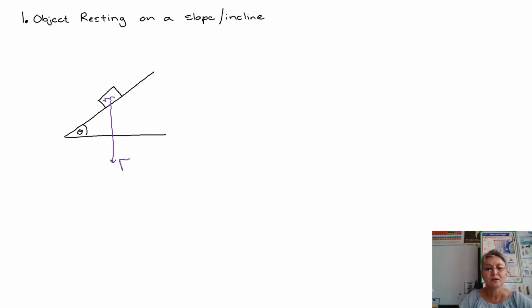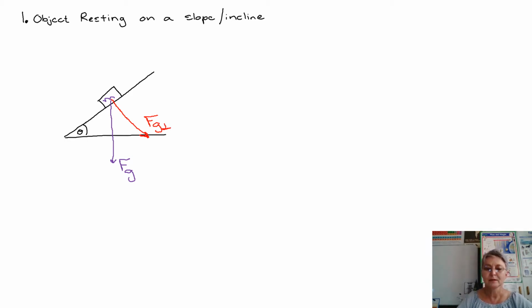So that would be the weight of the object. The weight of the object pushes the object down onto the plane with a force that is equal to the perpendicular component of the weight to the plane. So that is called Fg perpendicular.